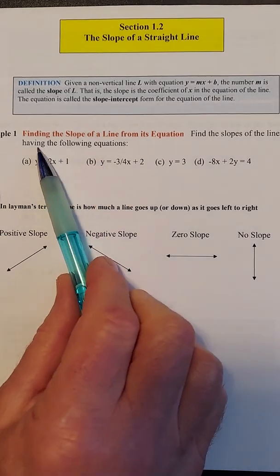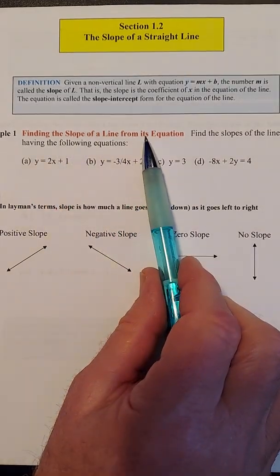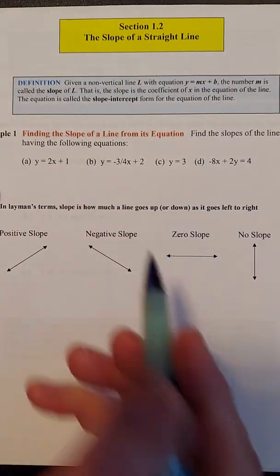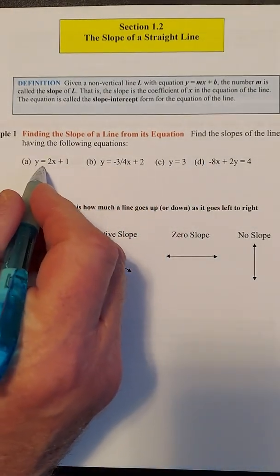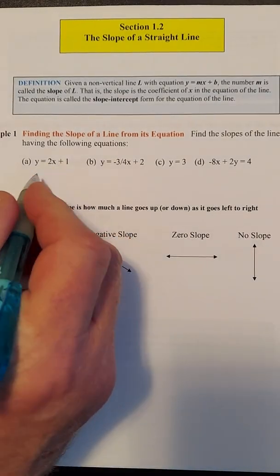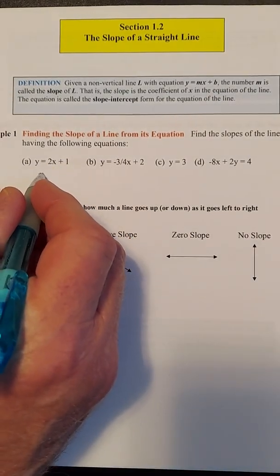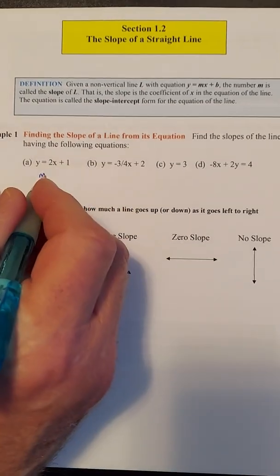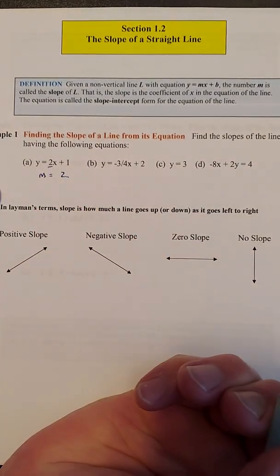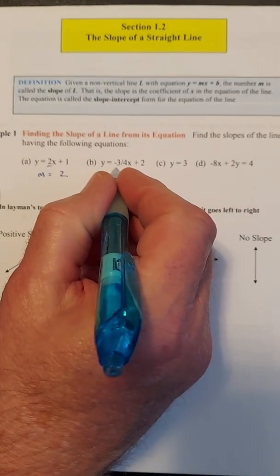So, finding the slope of a line from its equations, what we want to do is find the slope of the lines given these equations. Remember these are y equals mx plus b. So if y equals 2x plus 1, m stands for slope. Slope is 2 because that's the number right there, the coefficient of the x.